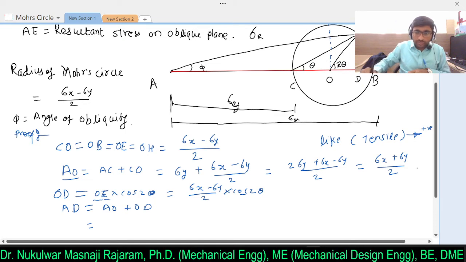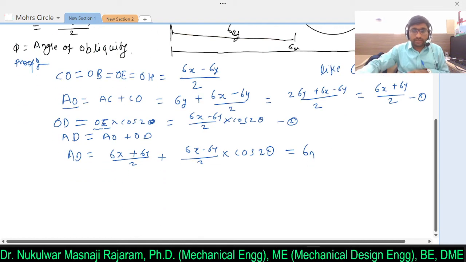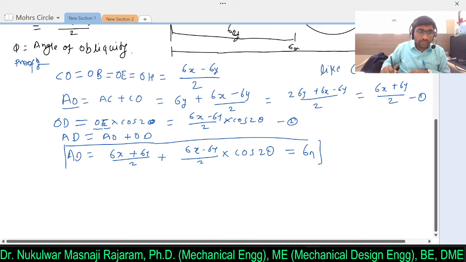Now from these two equations, equation 1 and equation 2, if I put the values for AO and OD, then I will get AD equal to sigma x plus sigma y divided by 2 plus sigma x minus sigma y divided by 2 into cos of 2 theta. Clear? And if you observe, this is the value for the normal stress. That is why the length AD multiplied by the scale will give you the normal stress acting on that particular body.